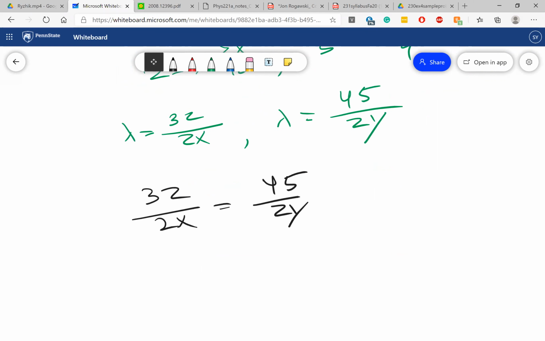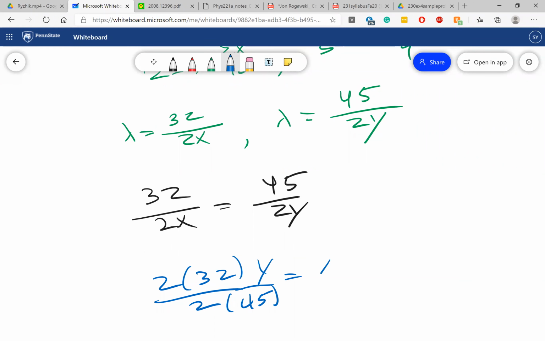And this will tell us that 2 times 32 over 2 divided by 45, and then we could have a y here.